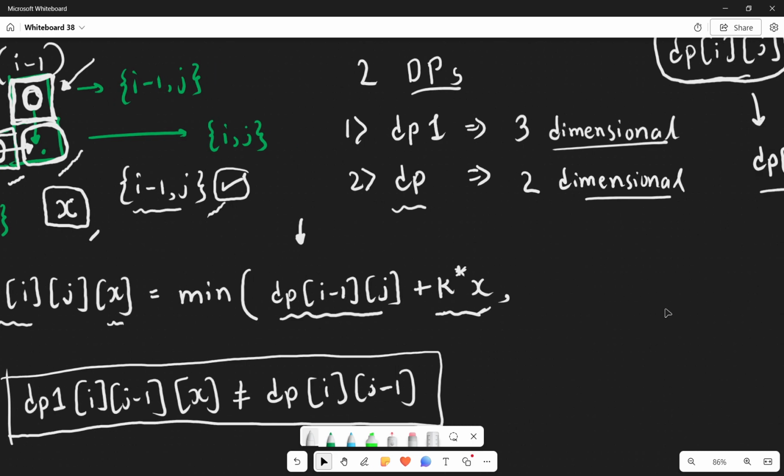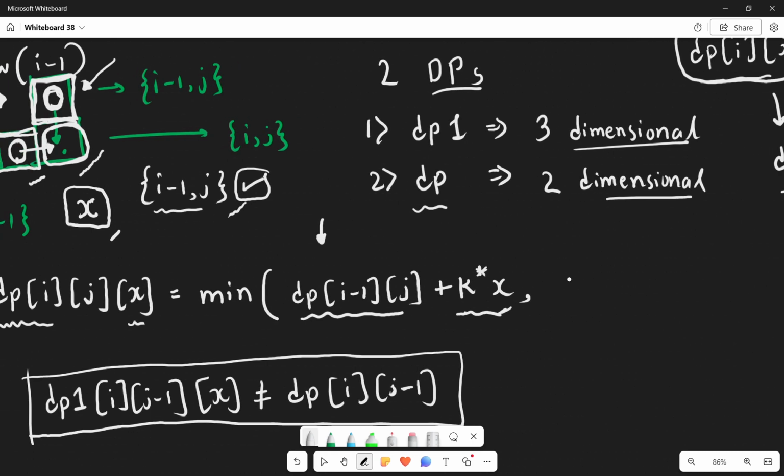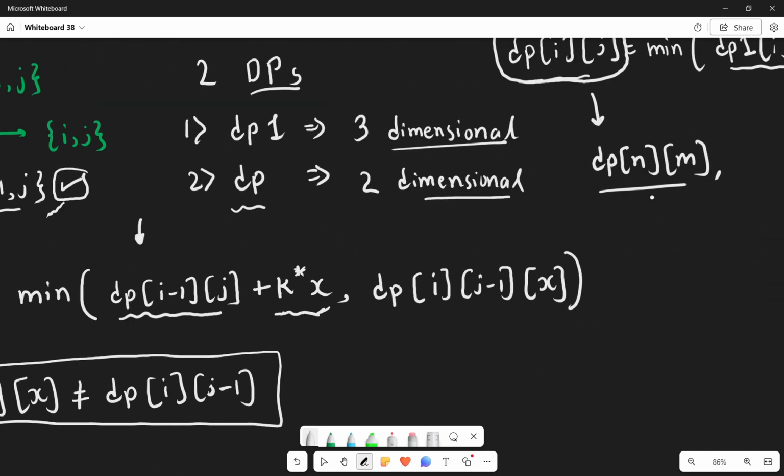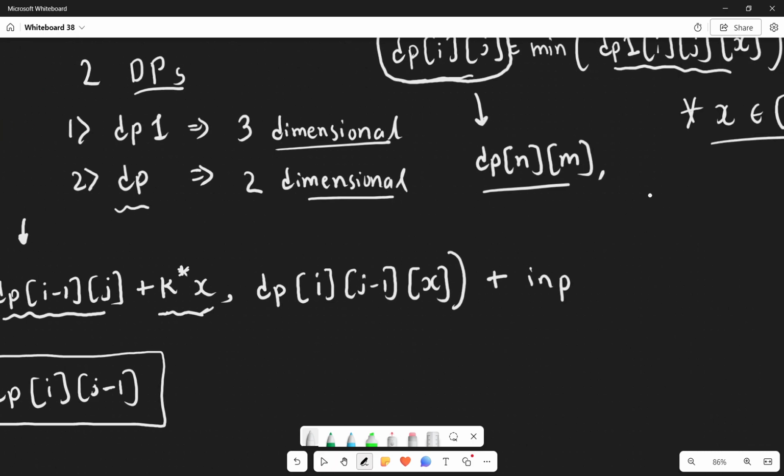And if you are coming from the left, it is basically dp of I comma j minus 1 comma x, and this whole thing added with input of I comma j plus x percentage m.